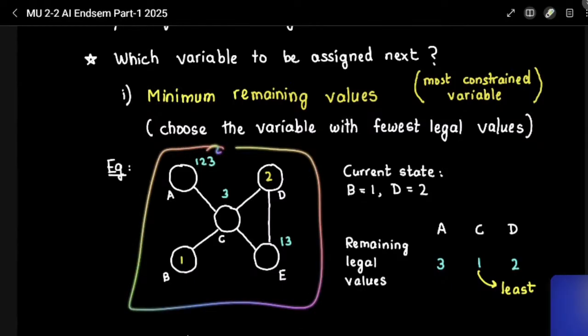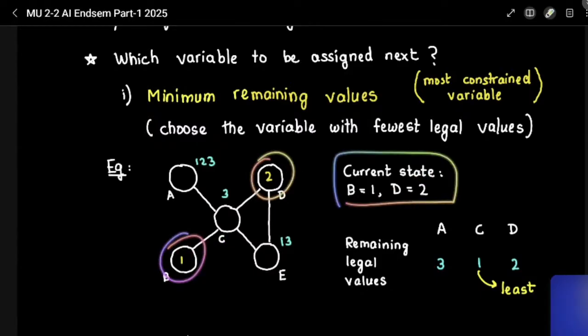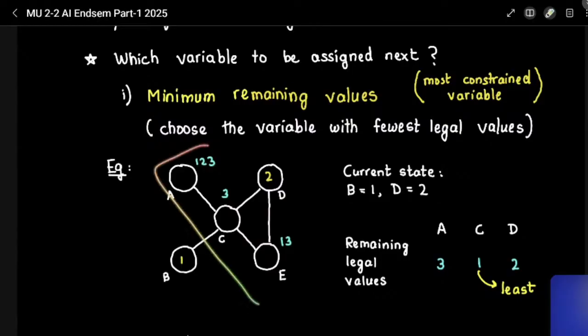So let's look at this CSP. There's a constraint graph. The current state of this problem is this one. B is assigned 1, D is assigned 2, and then if you look at the unassigned nodes, you have A, C, E. The domain of A is 1, 2, 3.